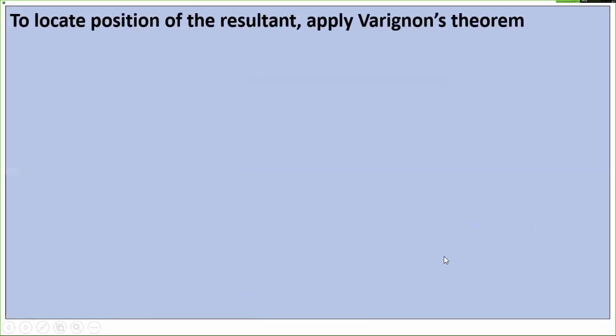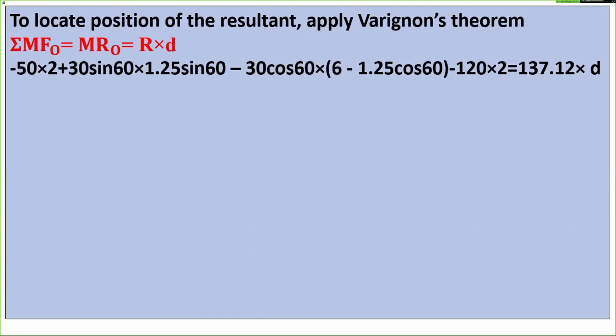Then for the point of application, apply Varignon's theorem. Again the same equation: algebraic sum of moments about point O is equal to moment of the resultant about point O, which is nothing but R into d. And one by one I will take the moment. So first force is 50 Newton force multiplied by 2 perpendicular distance.